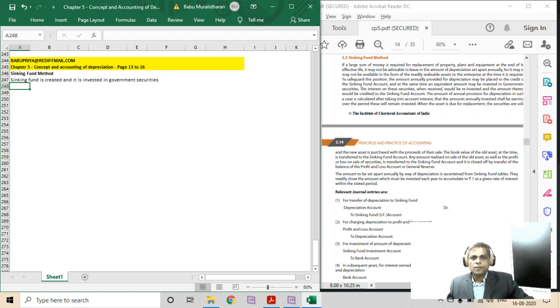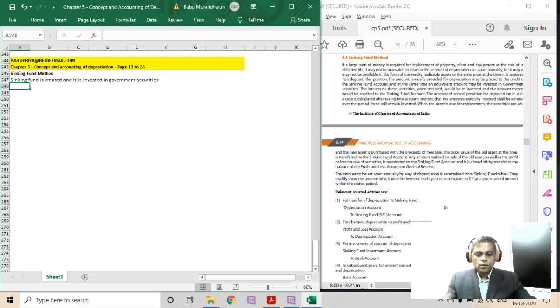To make it clear, the depreciation is transferred to a fund called the sinking fund account, and the money created as a provision for depreciation is invested in government securities.